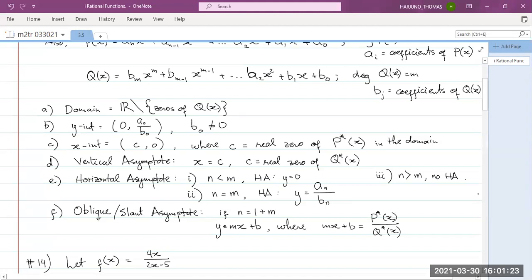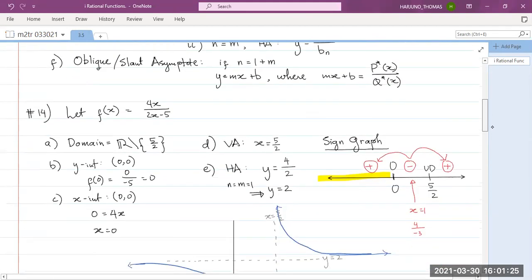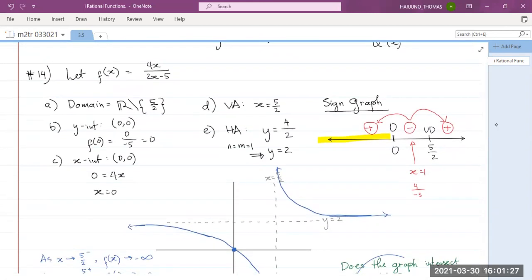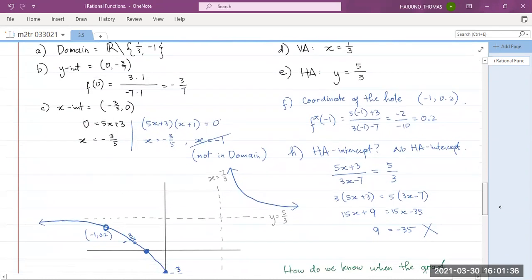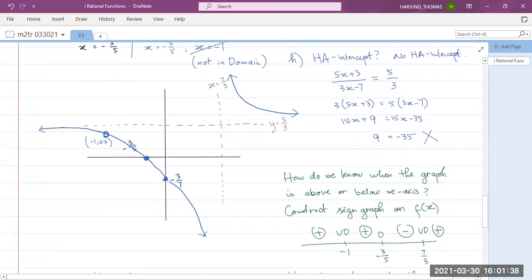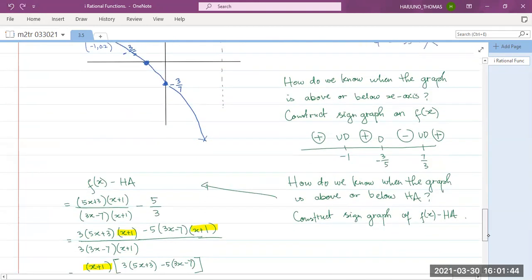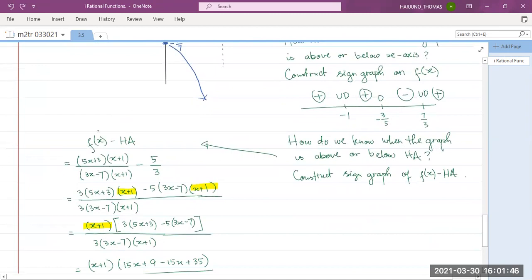Okay, but in between, I taught you how to know if the graph is above or below the x-axis, right? You perform the sign graph on the function. And if you want to know if the graph is above or below horizontal asymptote, you perform the sign graph on f(x) minus horizontal asymptote.